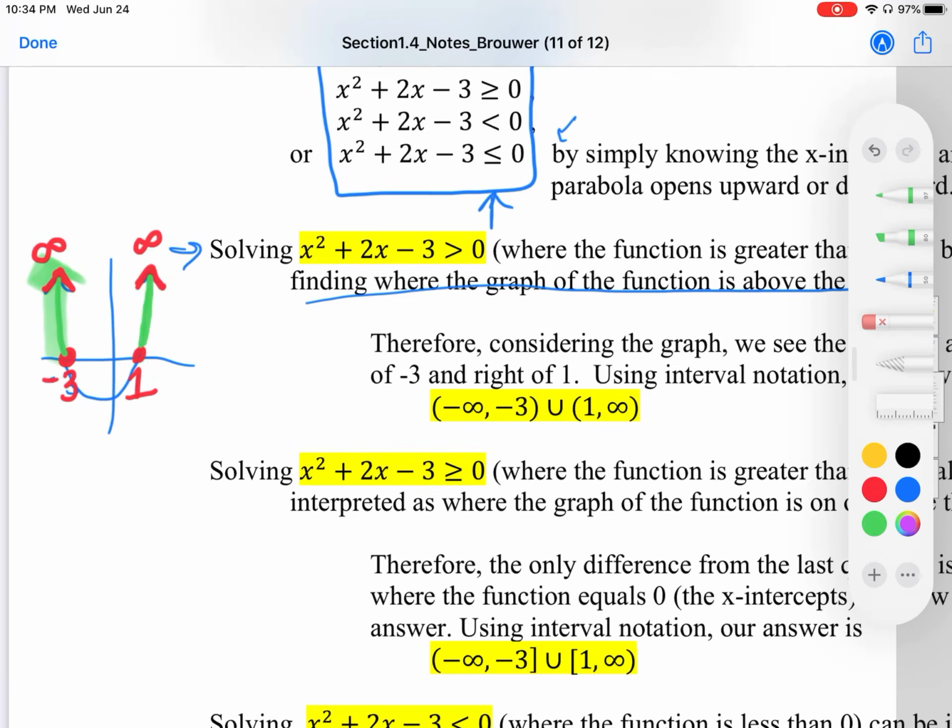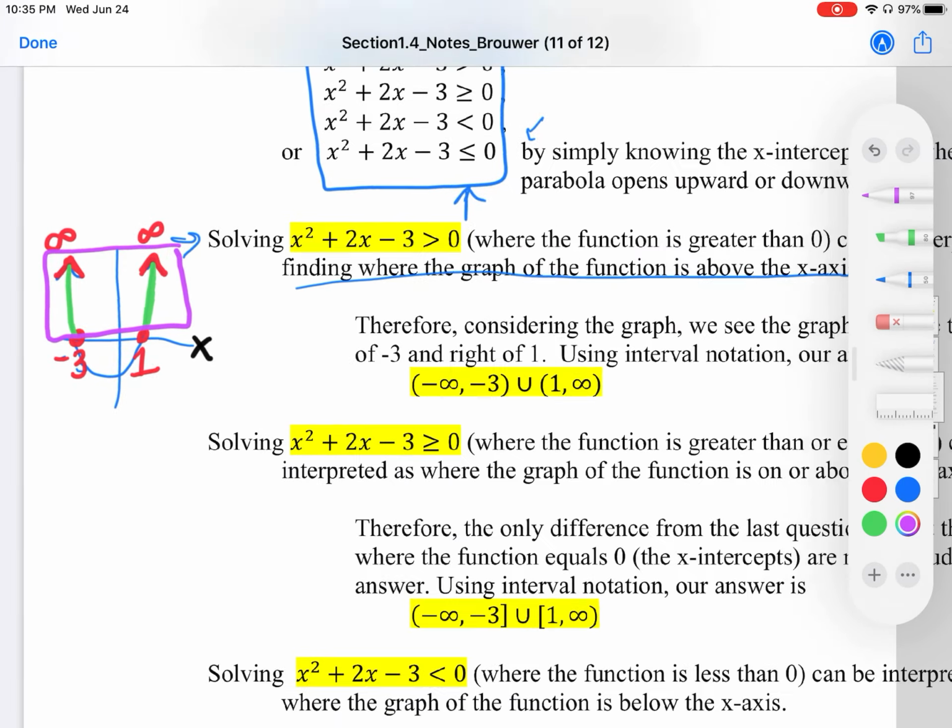We want the part in green, the part that's above the x-axis. So we want only this part of our graph. The rest of it we want to disregard. So how do we write this using interval notation?